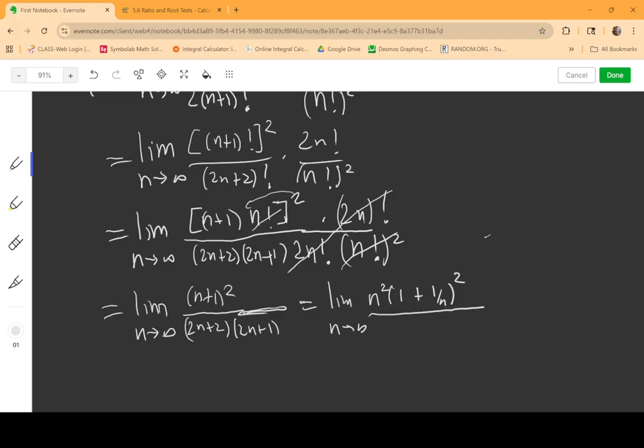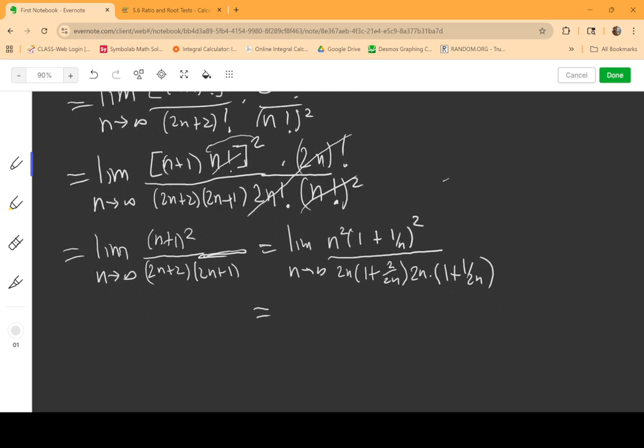And then in the denominator, I could factor out a 2n here, and we get 1 plus 1 over n, and if I factor out another 2n, we get 1 plus 1 over 2n. Each one of those terms has a 2n. Now let me clean this up a little more.